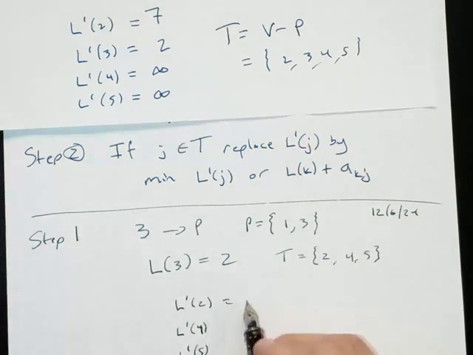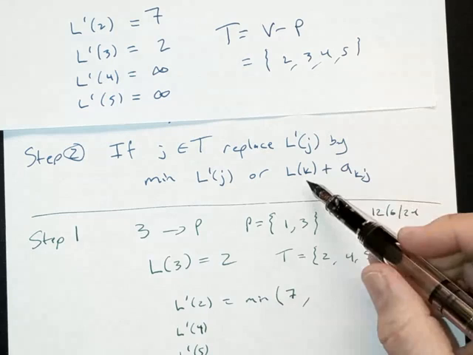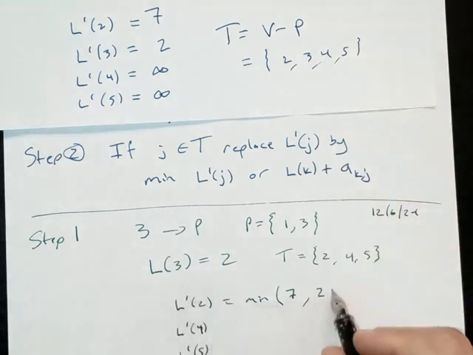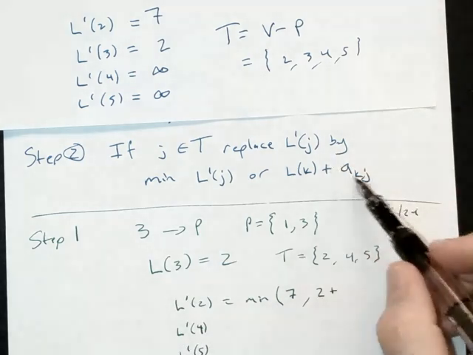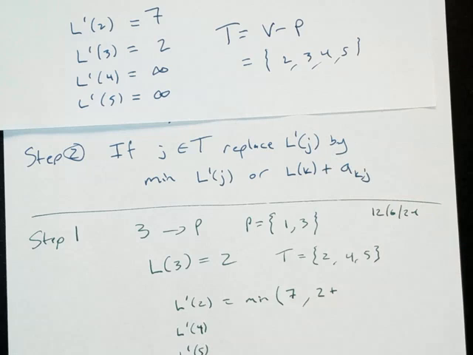And this is the minimum of the label that's already on 2, or the label we just came up with, plus the weight to go from vertex 3 to vertex 2. I got to go back to the matrix.